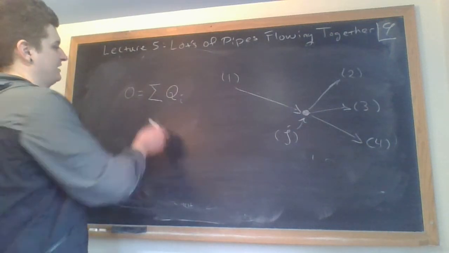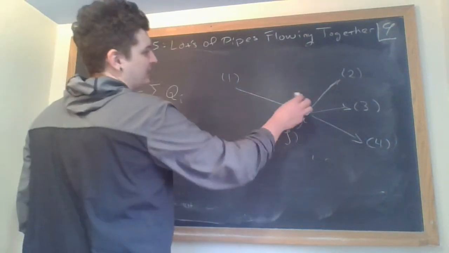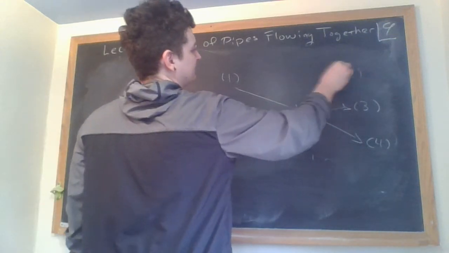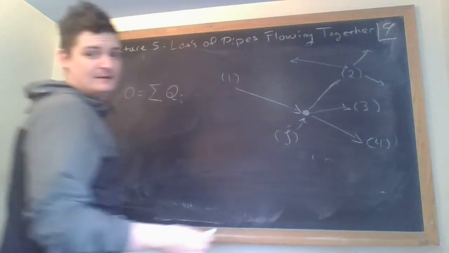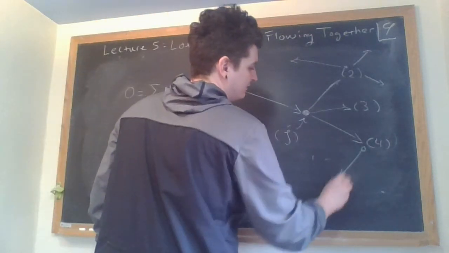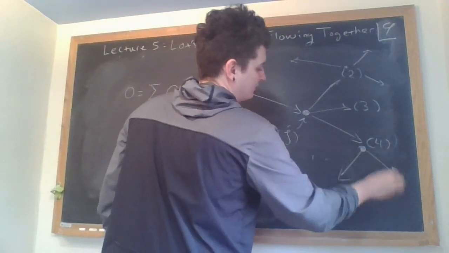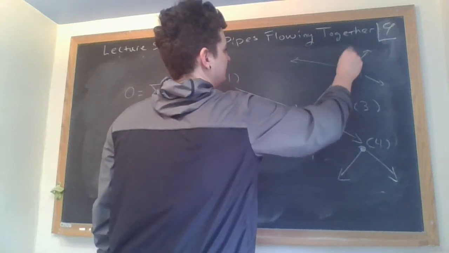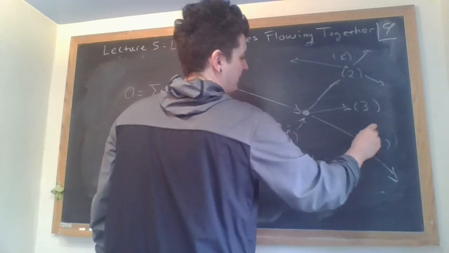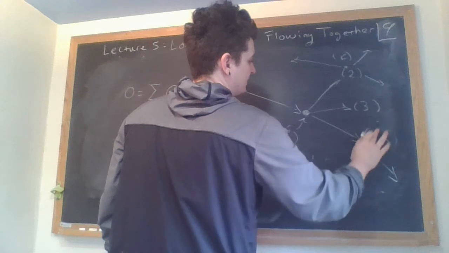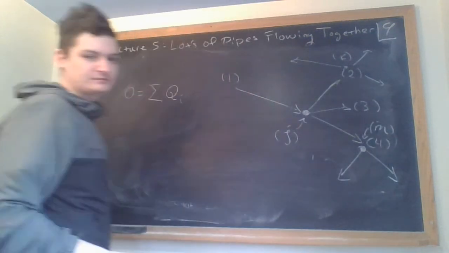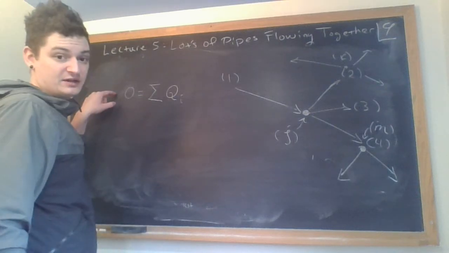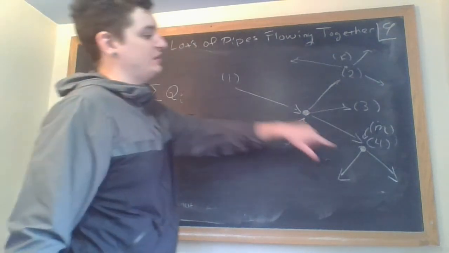So then you could have complex webs of piping systems, say something that went like this, and could keep on going. So this is J, we'll call this point K, and let's say junction point M. You would write then 3 equations for each of these node points.